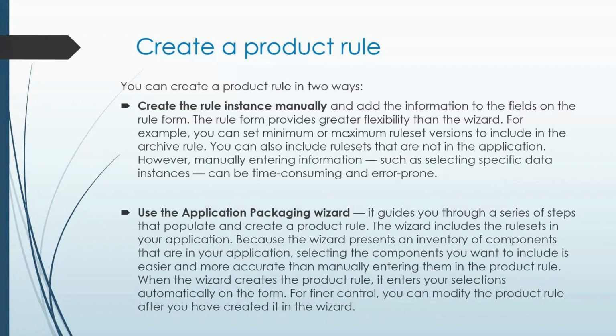This is more suitable in scenarios where I have to move huge parts of the application, or if I am migrating my application for the first time, I better go for using a wizard. Okay? Instead of manually entering each one of it, the system would show me the details and I can select from among them. So that's how the wizard is going to work. Okay. So we'll be looking at both of these approaches to creating the product rule.